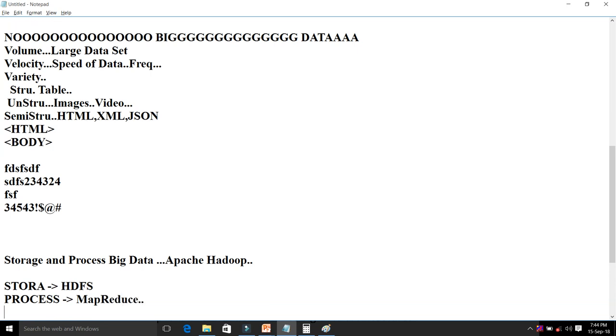So Hadoop has two major concepts, HDFS and MapReduce, for storing the data and processing the data. Hadoop also has some frameworks and other tools which help us to store and process the data, that we will discuss step by step.